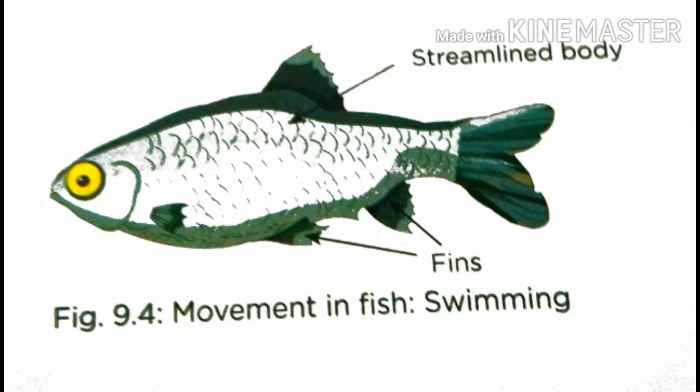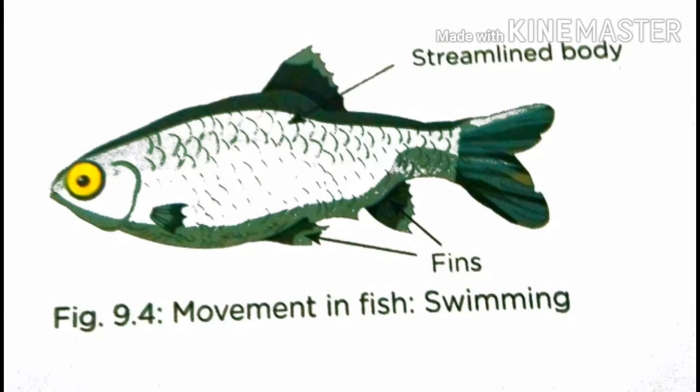The movement of fish is due to the opposite action of the W-shaped muscles attached to both sides of the backbone and the action of its fins. During swimming, the tail is swept from side to side to bend the body in the opposite direction and produce a force that pulls the fish forward.